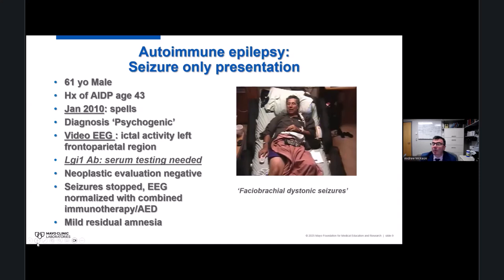So in the past, people would have said, well, this is not encephalitis because the patient doesn't have altered mental status or psychiatric problems and just has this focal form of seizure. Sometimes these patients were diagnosed as having a psychiatric illness as the cause of the problems, but ultimately these patients are diagnosed by an LGI1 autoantibody test.